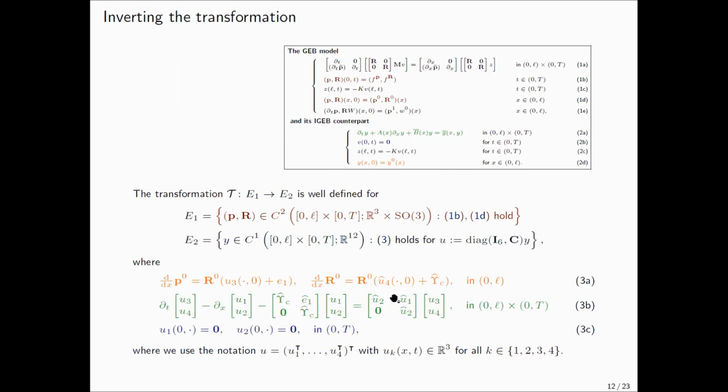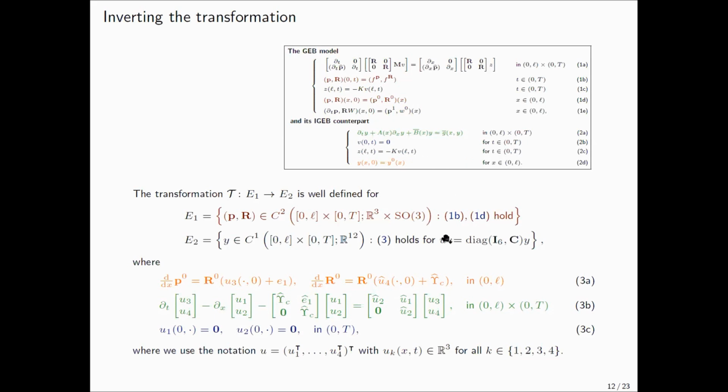The green conditions are related to the last 6 governing equations of system 2. And the blue conditions, 3C, are related to the boundary condition at x equals 0.